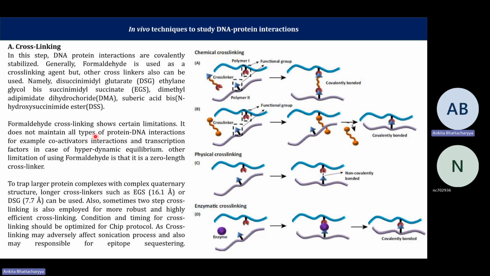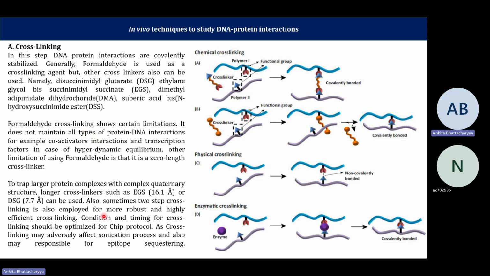If your protein and DNA molecules are not very close together, then formaldehyde might not be able to facilitate such a large cross-linking in physical space by virtue of its small size.